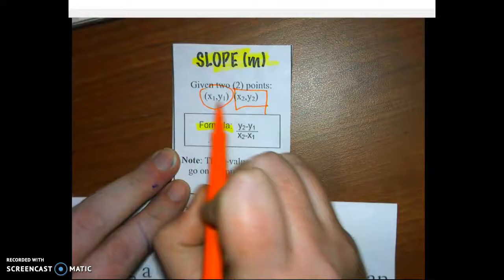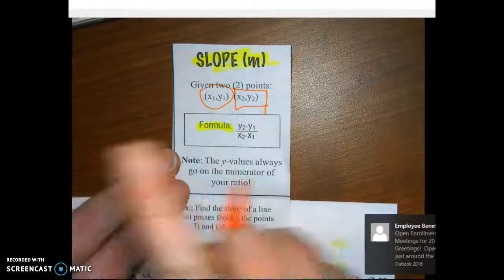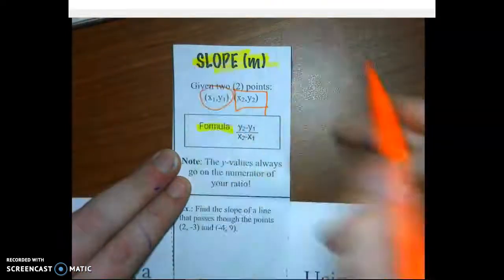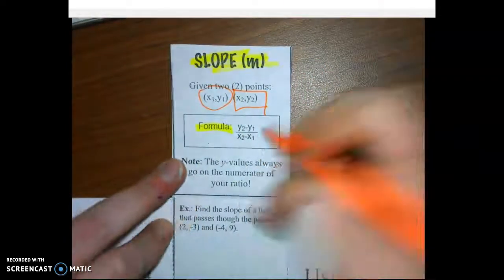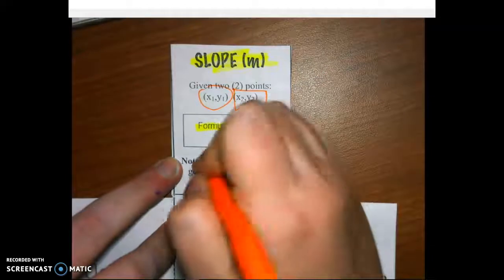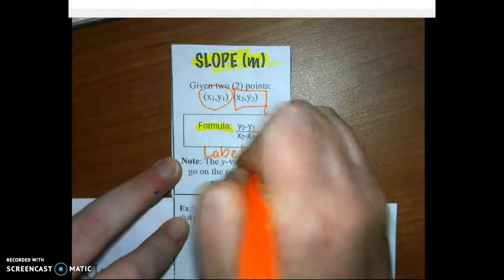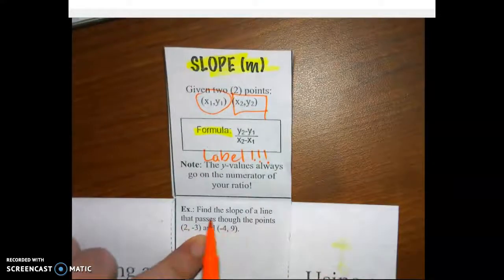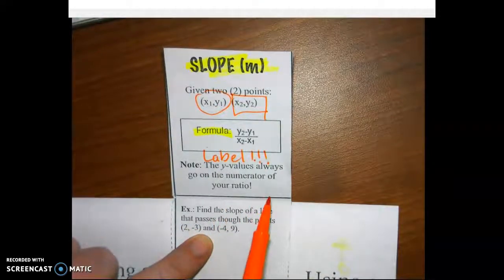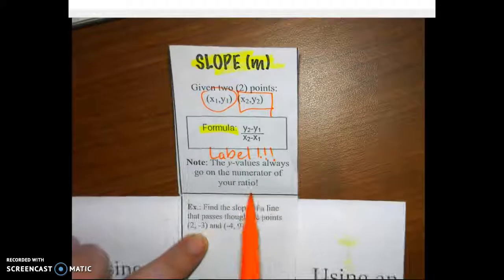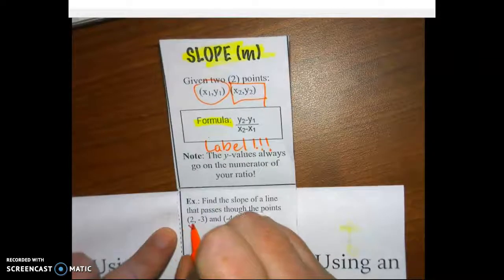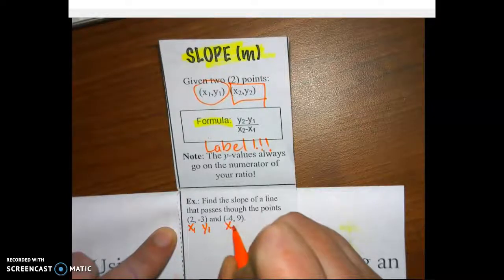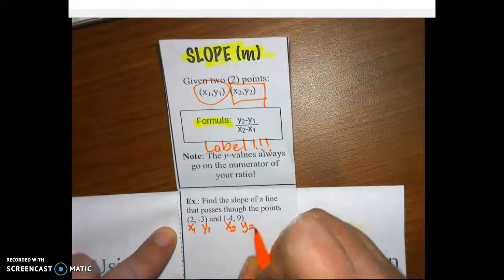This 1 and this 2 mean first point and second point. So what your job's going to be is to label, label, label. The y values always go in the numerator of your ratio. So we have x1, y1, x2, y2.